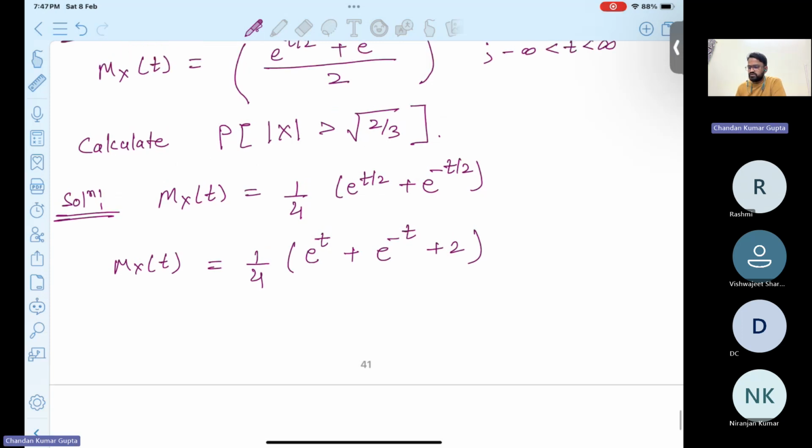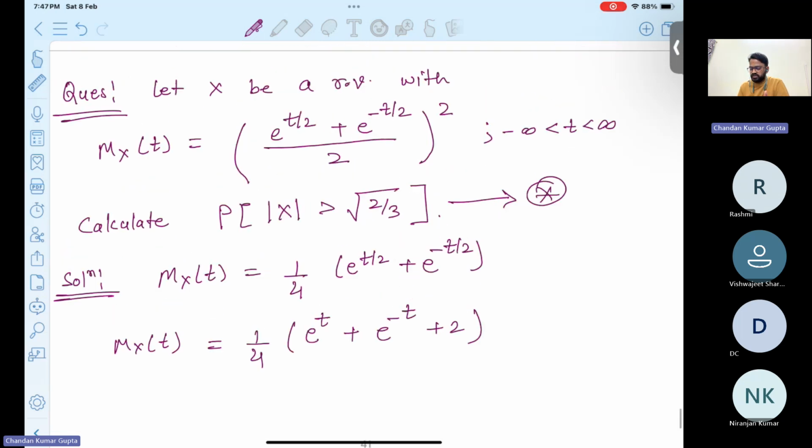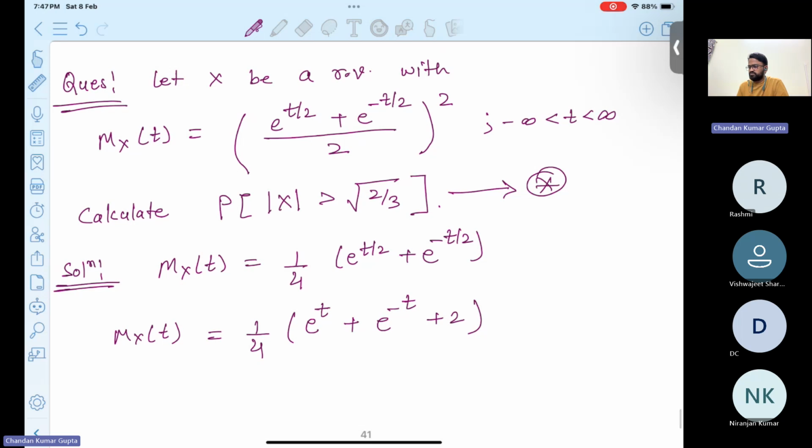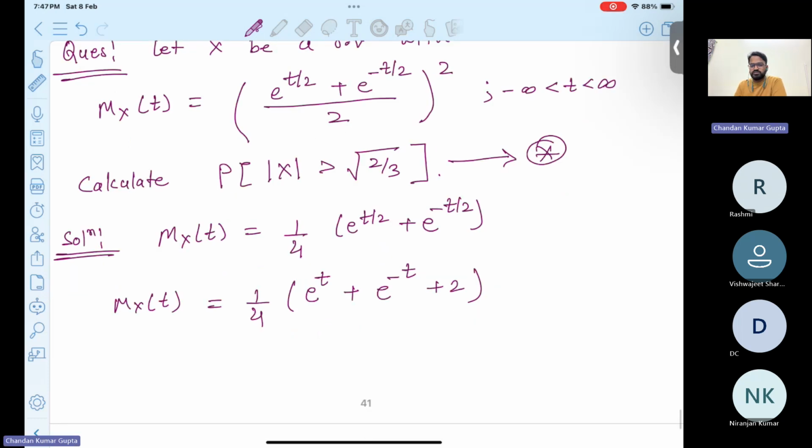This quantity we need to calculate, and for this we don't have any information, so we use some property of Chebyshev's inequality. For using Chebyshev's inequality, we need the information about the expected value and the variance.